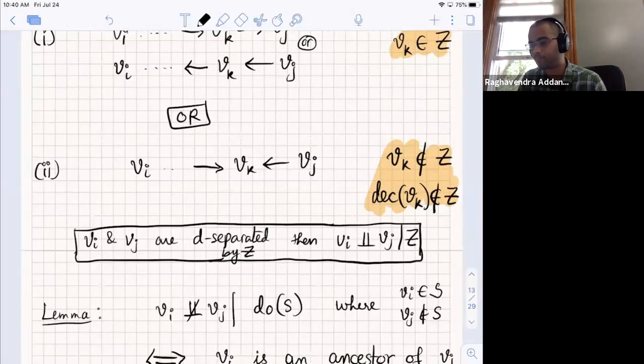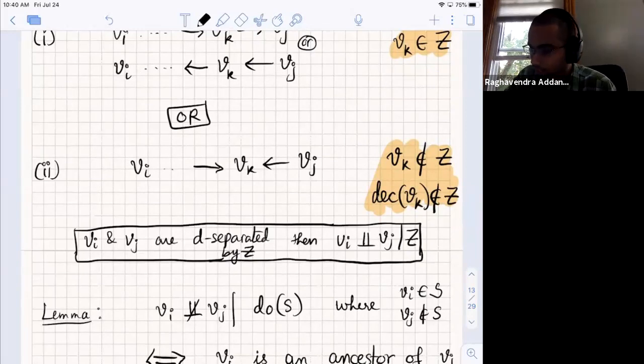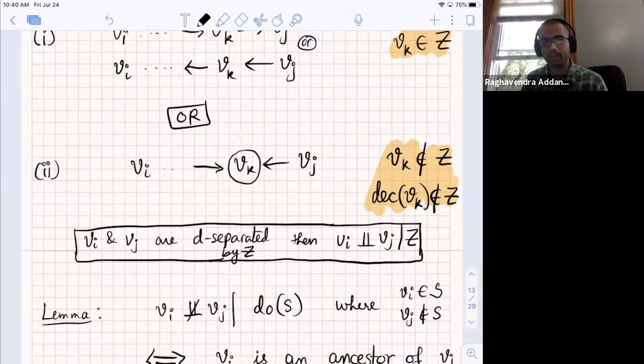Otherwise, if there are 2 incoming arrows onto this node Vk, then the path is blocked if we do not condition on Vk. This Vk, as stated earlier, is called a collider. So what this second statement means is we should never condition on colliders if we want to block them. If we want to block the path between Vi and Vj, we should not condition on this Vk or any descendant of Vk.